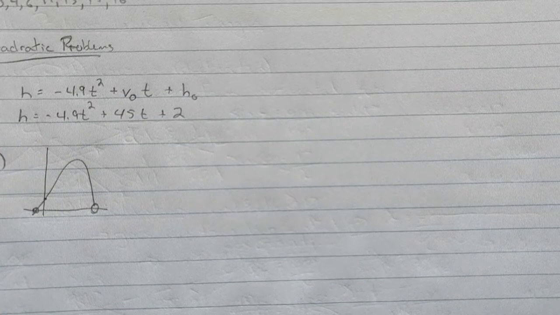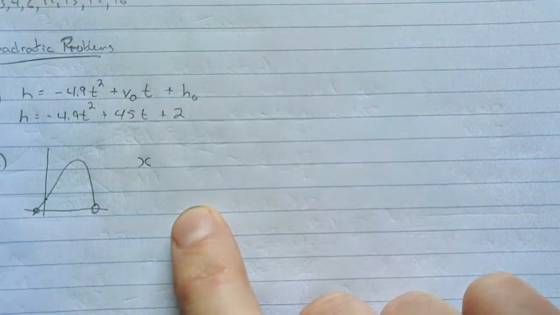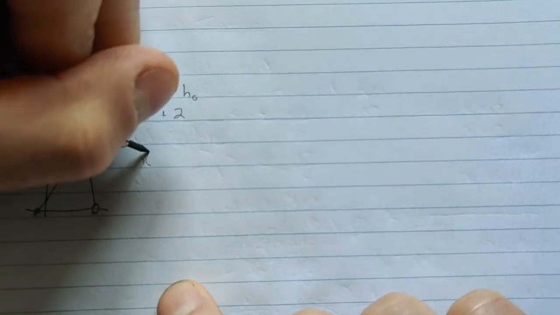So knowing that that's a negative 4.9, with the decimal there, I'm just going to go right to the quadratic formula, and when there's decimals involved, it makes everything easier. Instead of x, I'll use t equals, since we're replacing x with t in this case.